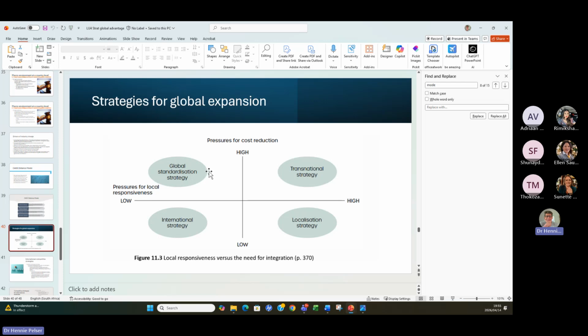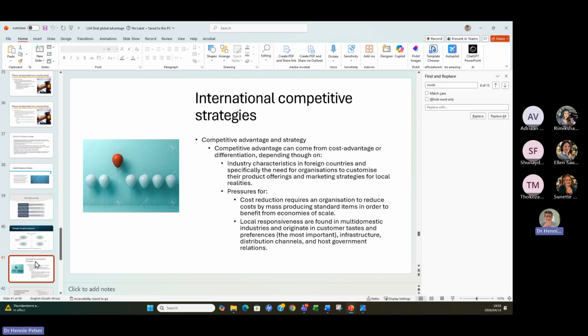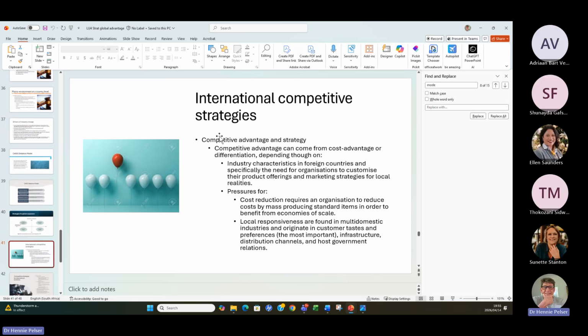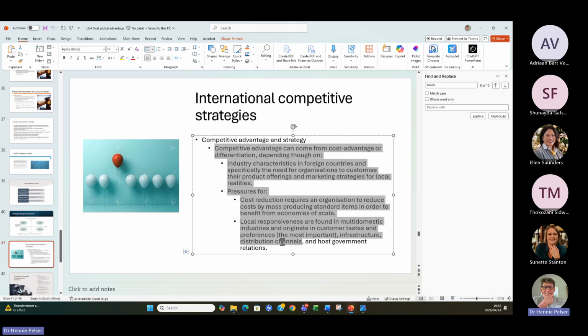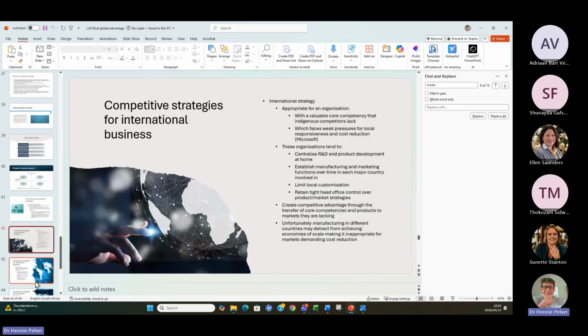So my suggestion is this global strategy. If we look at this one here, just a little bit further in the discussion, the criteria that we use to decide when going international are those, your internationalization strategy. And so for me, you can see here, I don't think it'll be an international strategy.